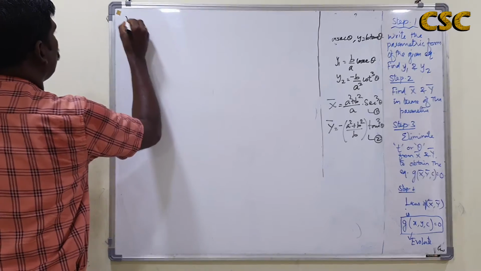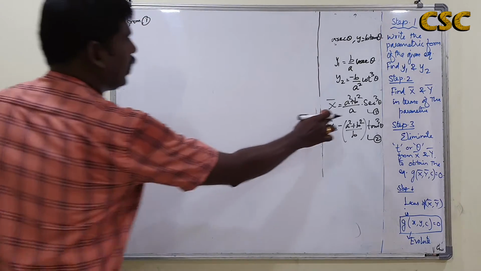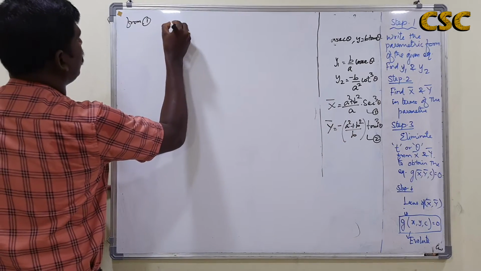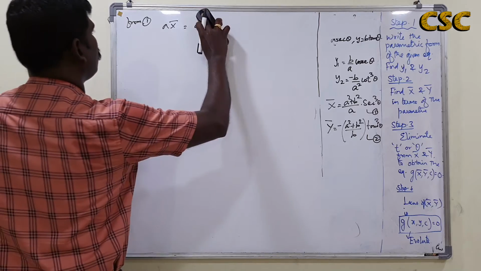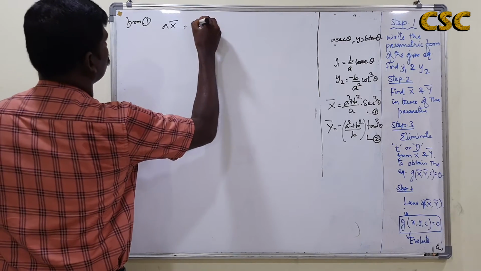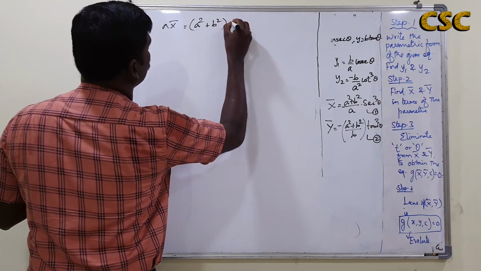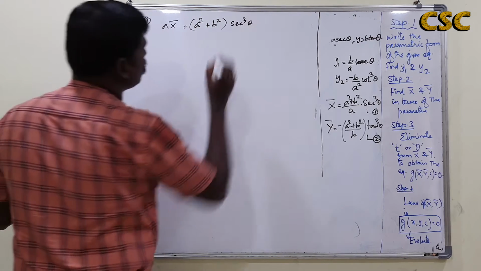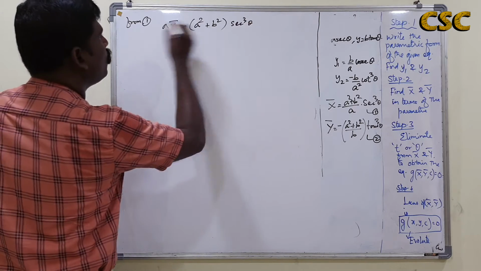Right? From 1, I am taking this a into the left hand side. A into x bar is equal to a square plus b square into secant cube theta, isn't it? Right? I am taking cube root on both sides.